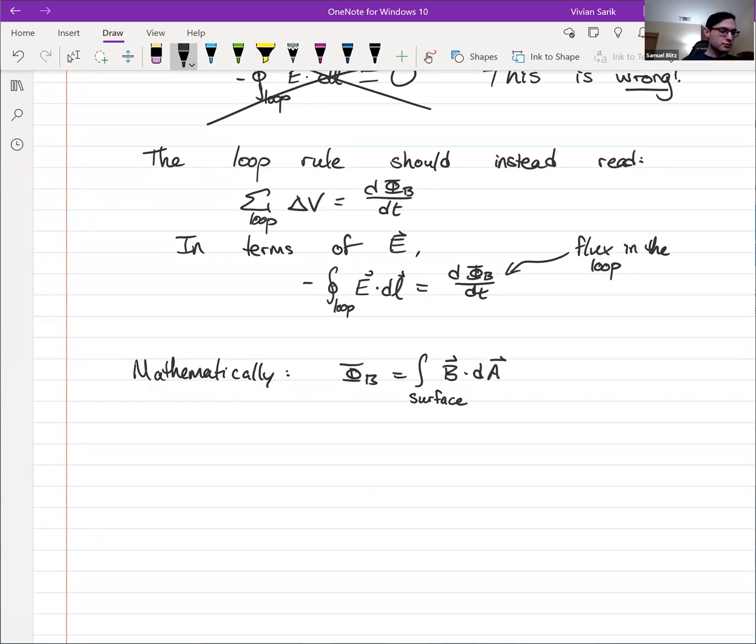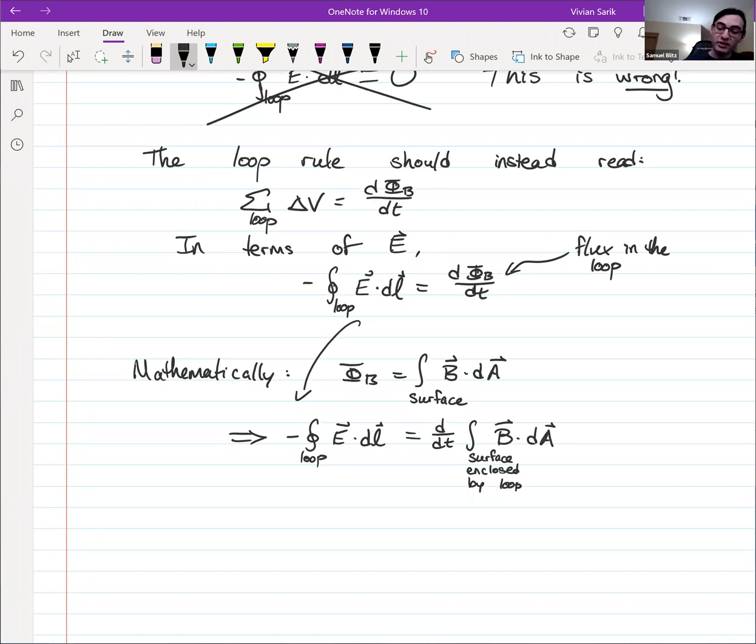And so we can write the above expression using that result to get the following statement: the negative loop integral of E dot dl, remember this left-hand side is just the change in voltage around the loop, should be equal to the time derivative of the integral over the surface enclosed by the loop of B dot dA.